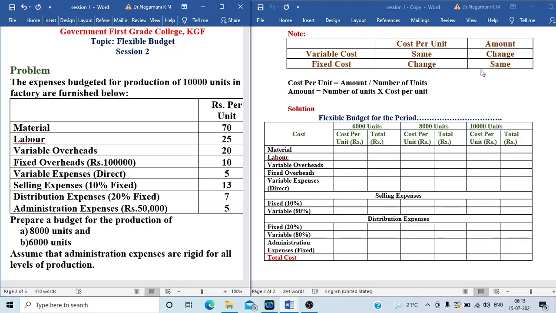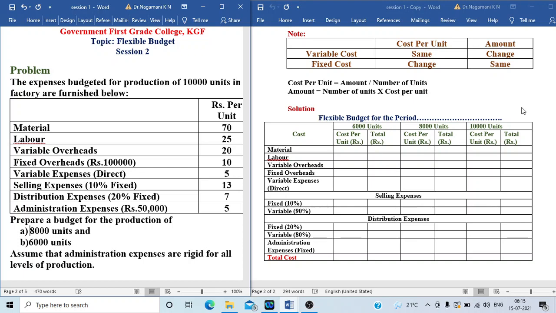Then there are two formula, it is very important. One is how to calculate the cost per unit. The formula is amount divided by number of units and the formula for amount is number of units into cost per unit.